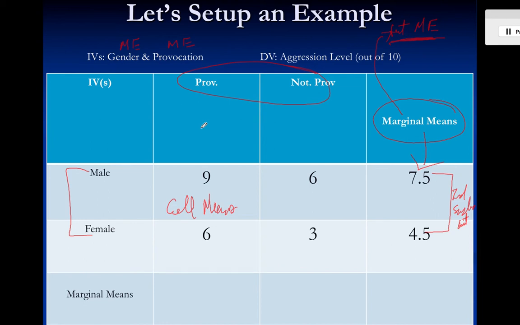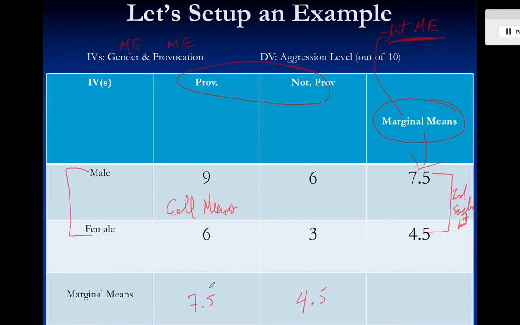So 9 plus 6 is going to be a value of 15, divided by 2 is also going to be a 7.5 in this particular case. And then also here, this average would be equal to a 4.5. It just happens to be that these numbers that I created are the same in both instances for the marginal means. This will not always happen. It's just what happened here in this particular case.